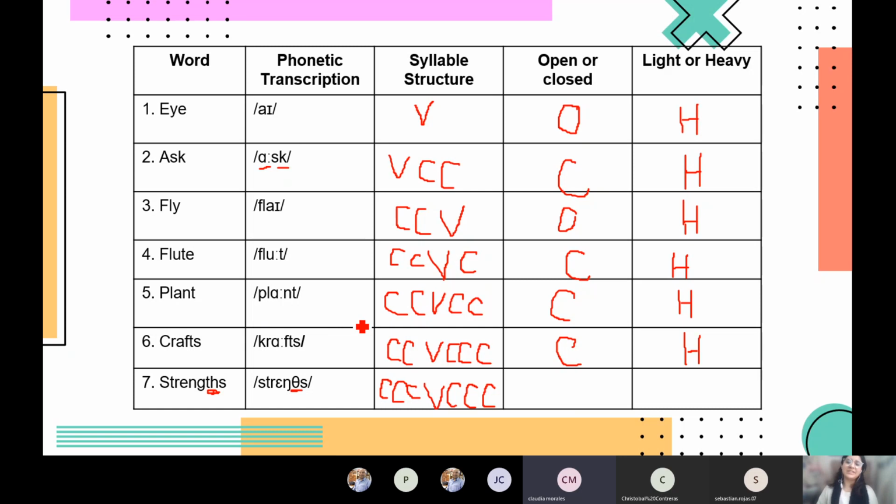And is it open or is it closed? It's closed. Yes, indeed. And finally, is it light or is it heavy? It's heavy. That's correct. So I think we all agree with this. I'm sorry because of my bad handwriting.